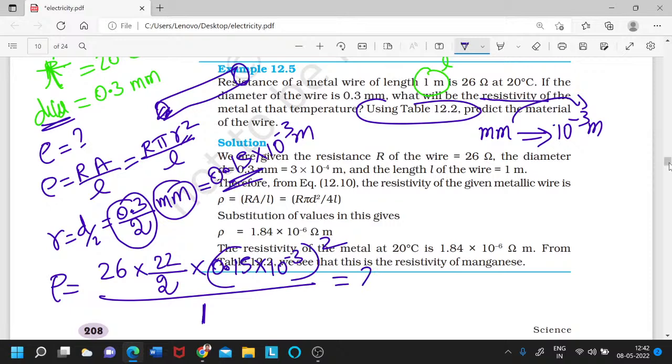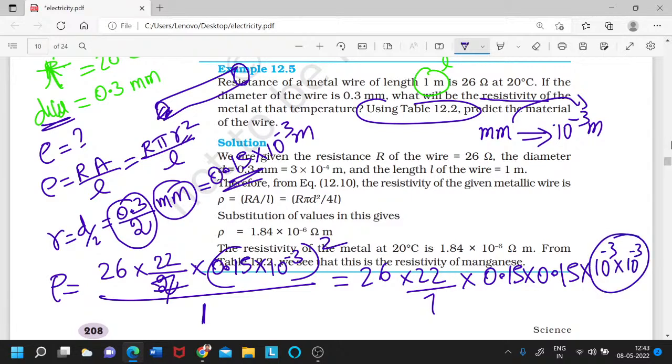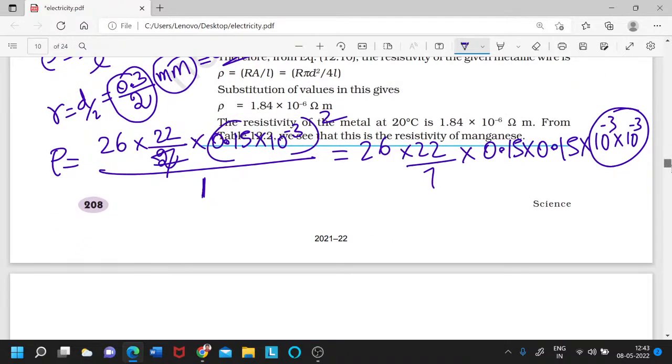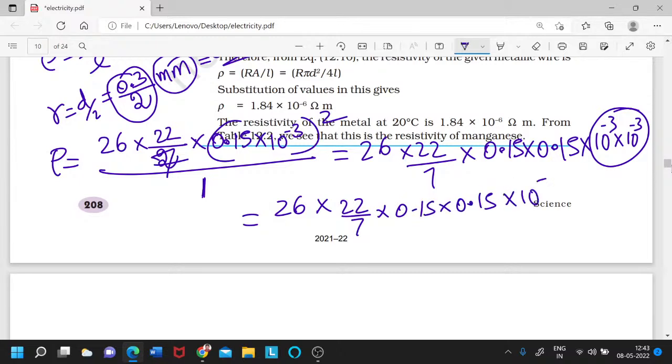So 26 into 22 by 7 into 0.15 into 0.15 into 10 power minus 3 into 10 power minus 3, that is minus 6. Resistivity unit is ohm meter. Now we'll do the calculation.